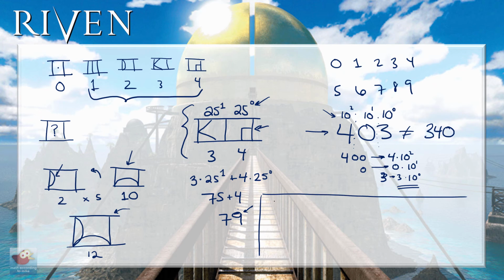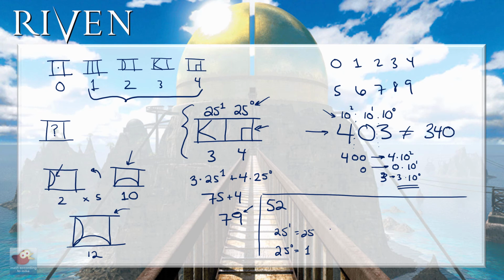If I gave you the number 52 and I said, okay, convert that to a Dini number, well, remember to convert from base 10, you have to divide. So since we're working with base 25, you would say 25 to the 0 is 1, 25 to the first is 25, and 25 squared is 625, and that's too big.